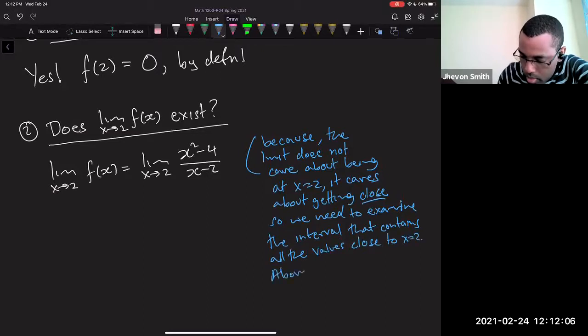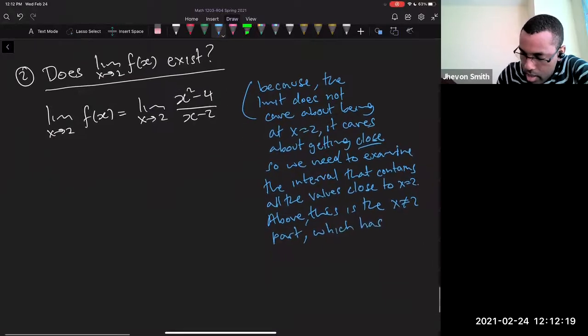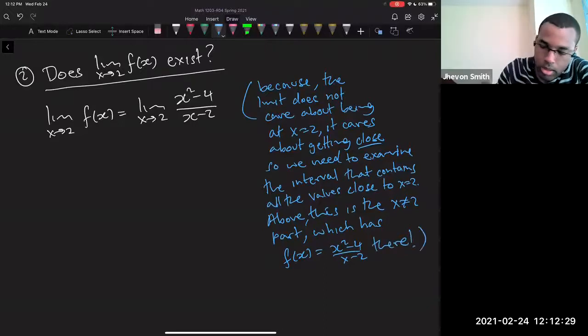Above, this is the x not equal to 2 part, which has f of x equal to x squared minus 4 over x minus 2 there, right?